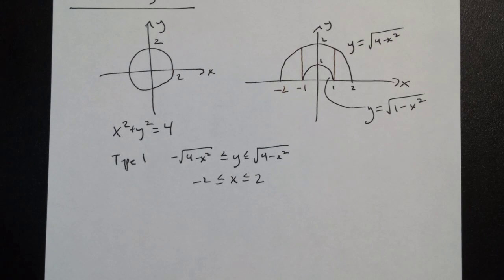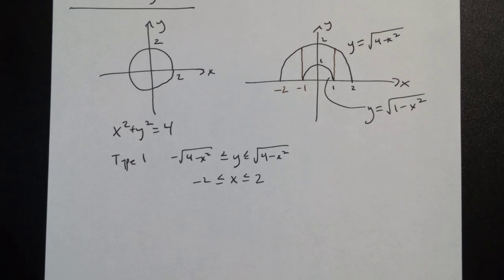Chapter 10. Way back in Calc 2 in chapter 10, we decided that some curves were easier to do if we didn't do them in x and y. What did we do instead? Aha.